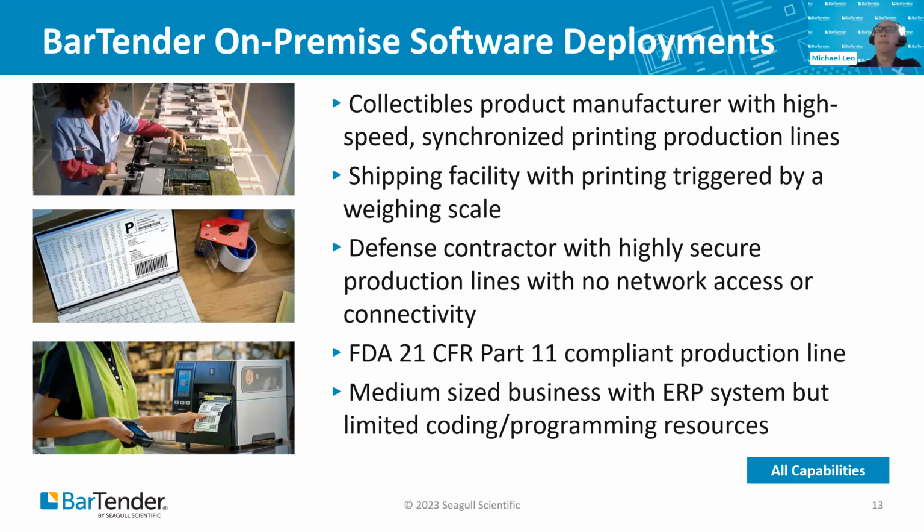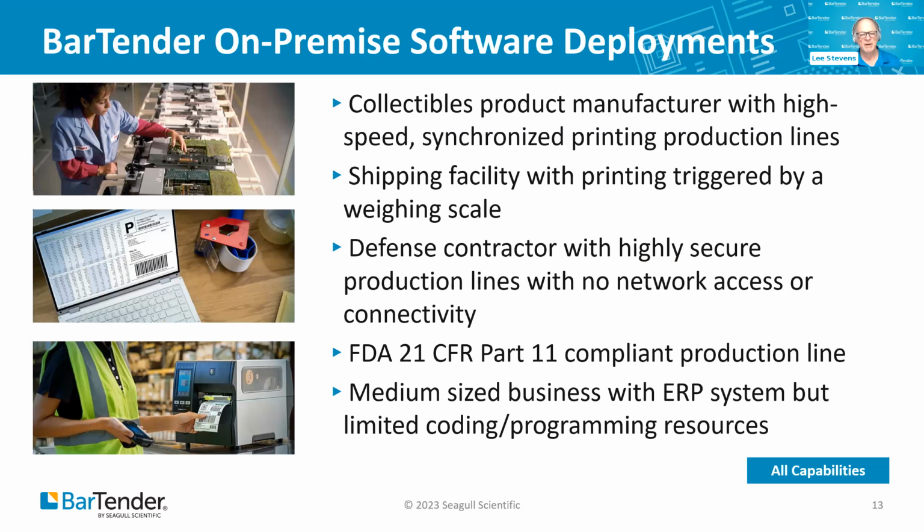Great. I know a lot of our customers that have deployed software for their labeling need to adhere to regulatory compliance. We have here a lot of customers who are FDA 21 compliant or require that. Yeah.